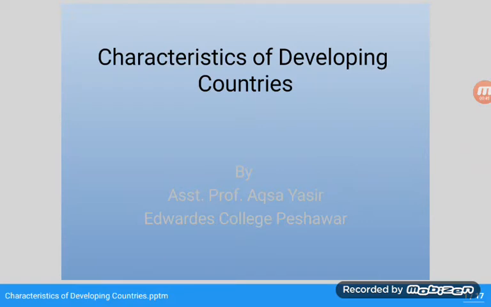Sometimes you may hear the terms developed countries, industrialized countries, first world countries, rich countries, northern countries, industrially advanced countries. All these terms refer to more developed countries.